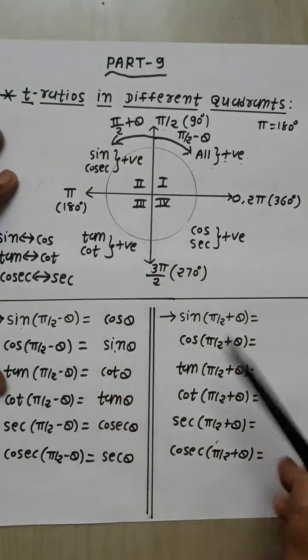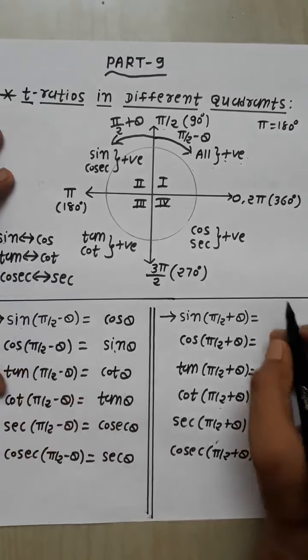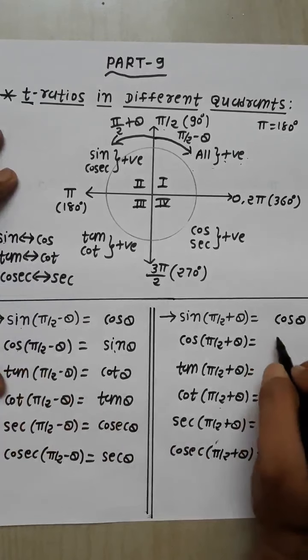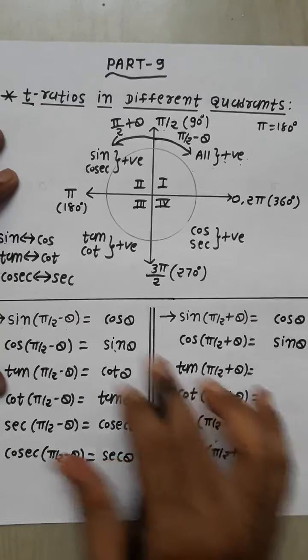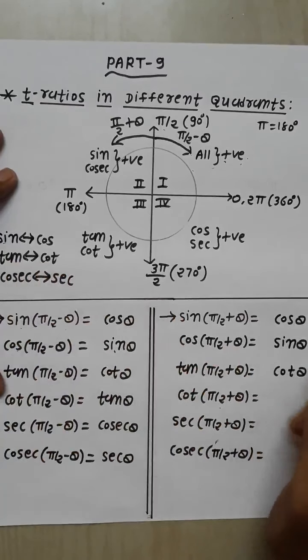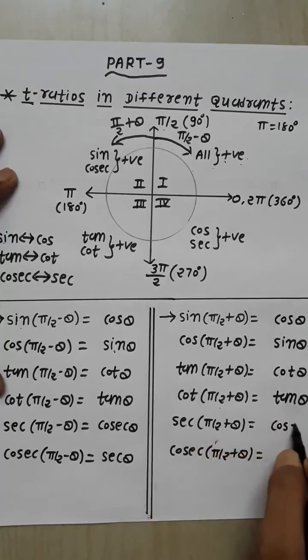So first of all, in place of sin we write cos θ, in place of cos sin θ, tan we convert into cot θ, in place of cot tan θ, in place of sec cosec θ, and in place of cosec sec θ.